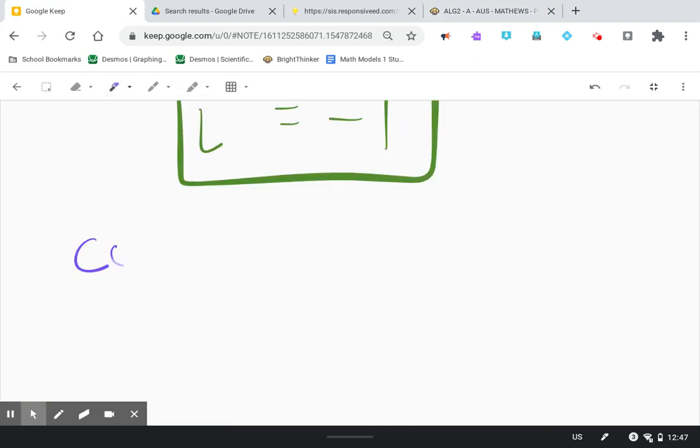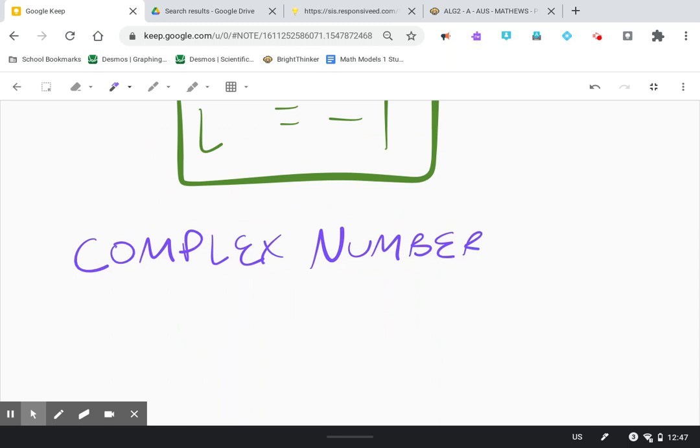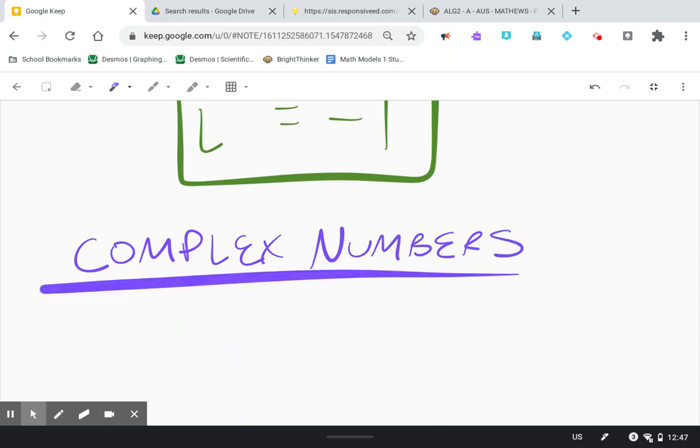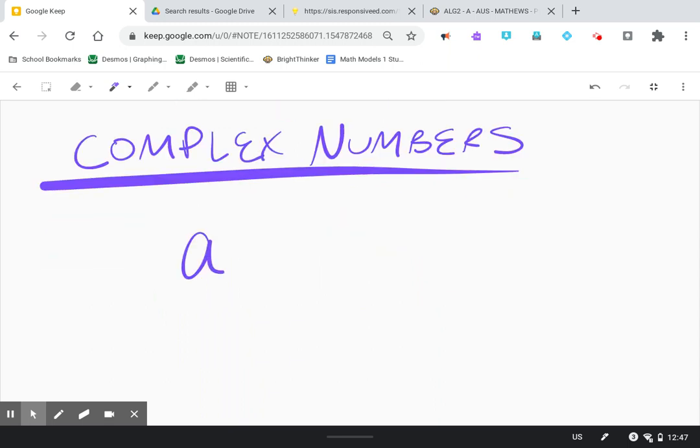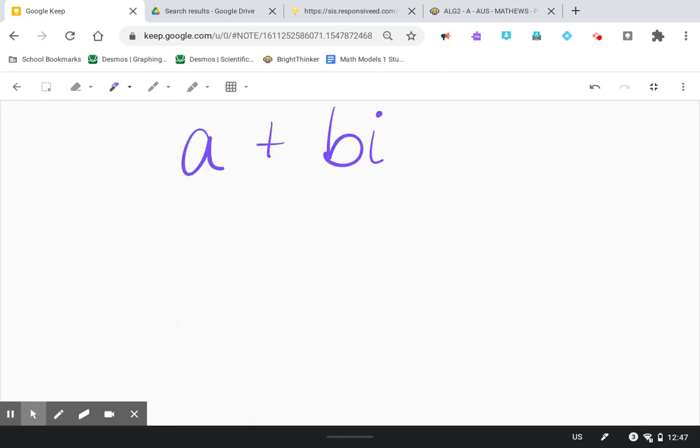All a complex number is, is some combination of imaginary and real numbers. So a complex number takes the following form: a plus bi, where a is the portion that is real and bi is the portion that is imaginary.